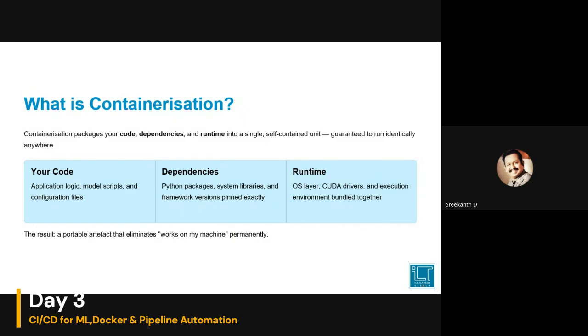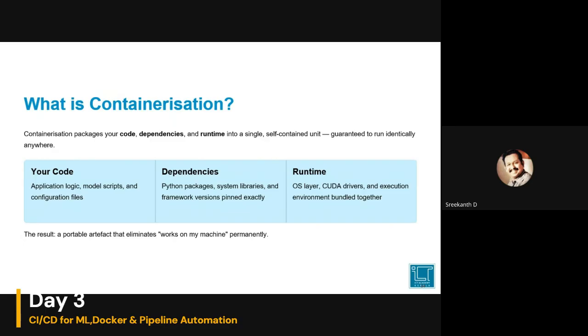Containerization creates a package: code, dependencies, runtime, all the layers will be there in a container, right? We can have the binary spec of the same. This will be one portable unit, right?